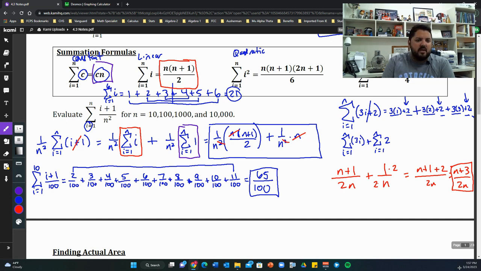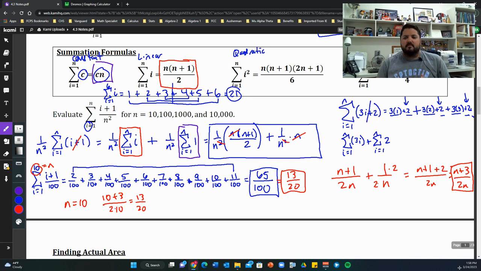Again, at the beginning of this, I chose 10 as my n value. Well, if n equals 10 and I substitute that into this formula, I get (10 plus 3) over 2 times 10, or 13 over 20. If I were to reduce 65 over 100, both are divisible by 5, that produces 13 over 20. The exact same thing.